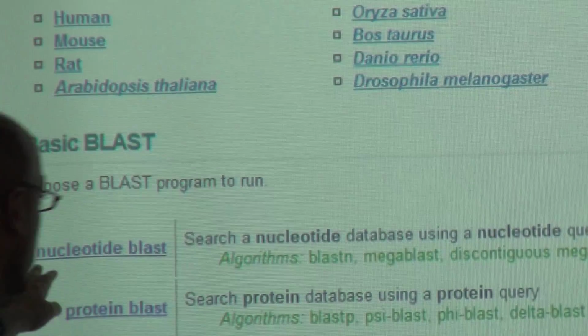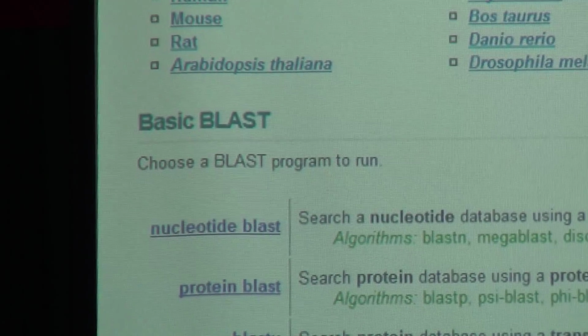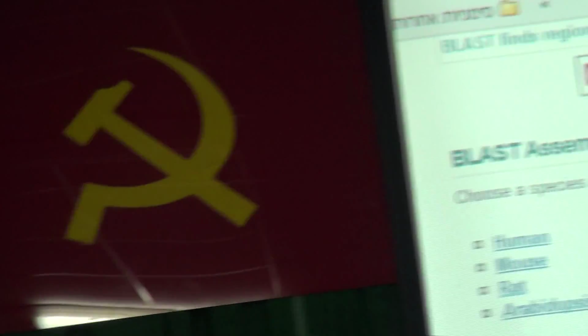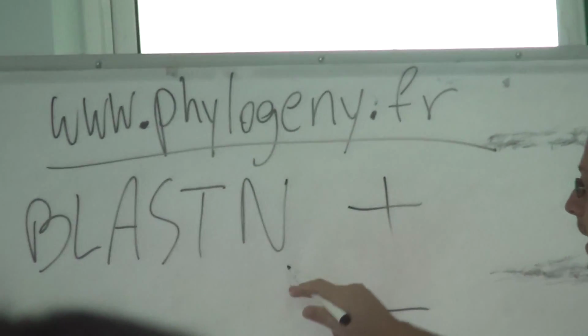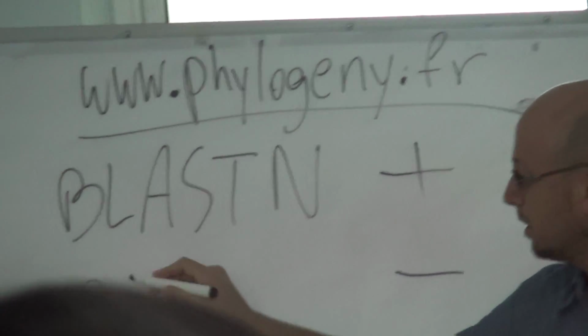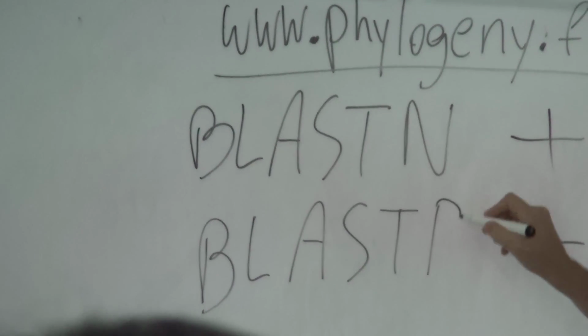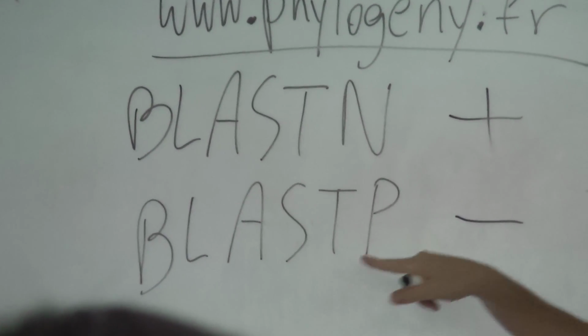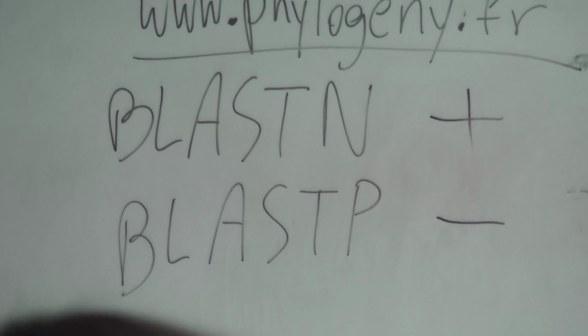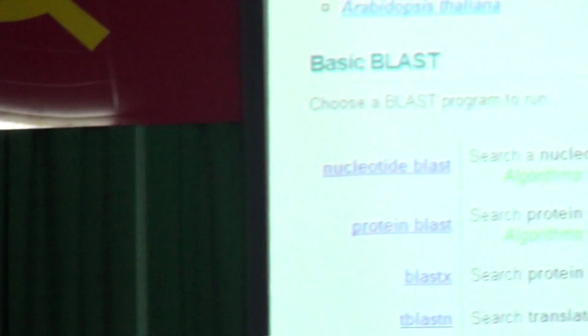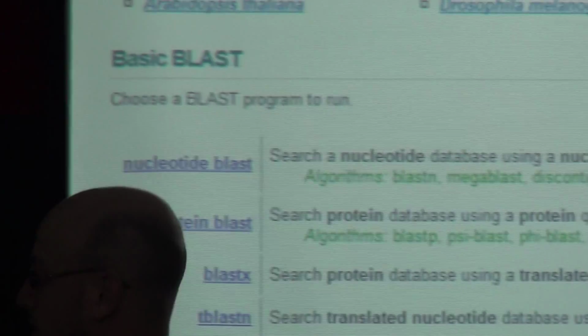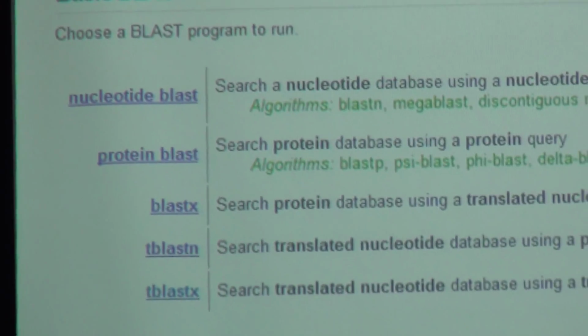So we have a nucleotide BLAST, also known as BLAST N, and a protein BLAST, also known as BLAST P. So BLAST N for nucleotide, BLAST P for protein.